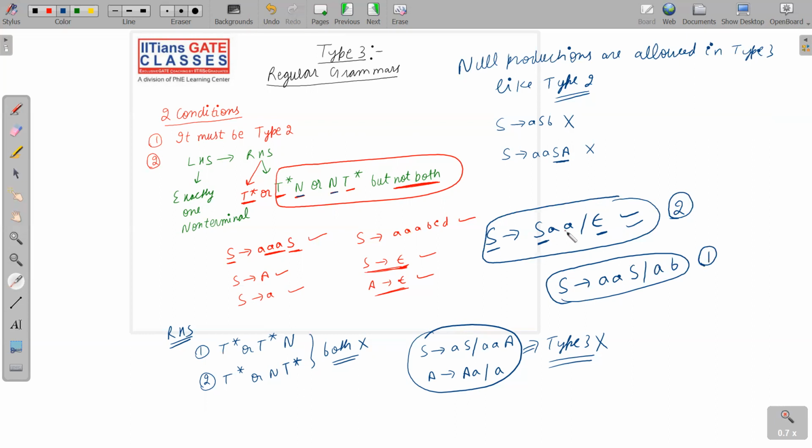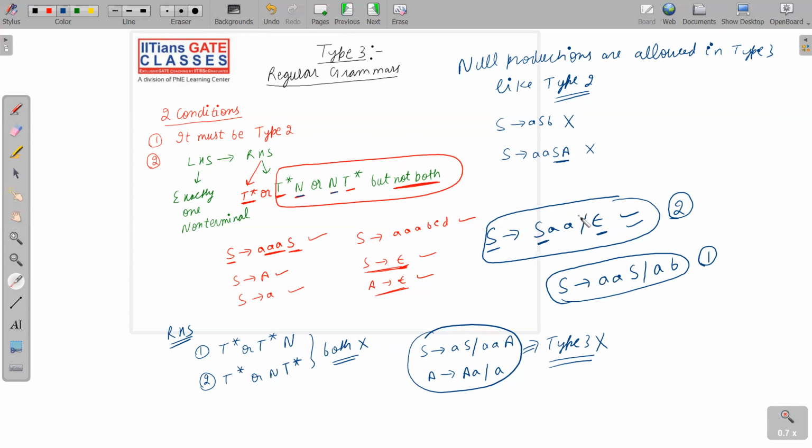On the right hand side, at most one non-terminal, either in the extreme left or the extreme right, and we cannot mingle these two conditions. I hope this is crystal clear. I have repeated it many times. If you are still not getting it, please rewind the video and watch it again.